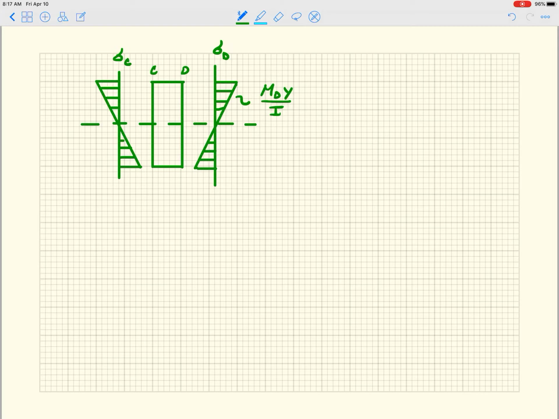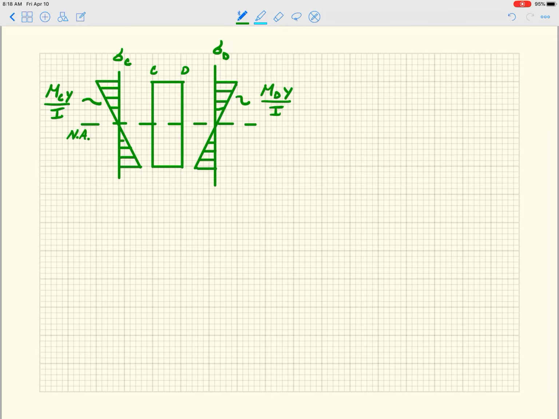So this guy we're going to call sigma C. Again, it's sigma XX, but it's on the C face. And this guy here is M sub C times Y over I. And that dashed line you see there, that is the neutral axis.